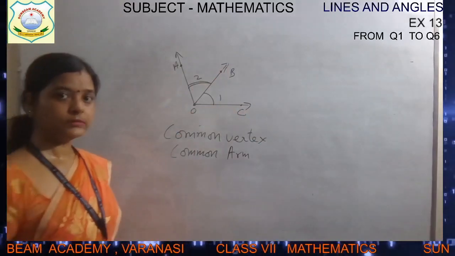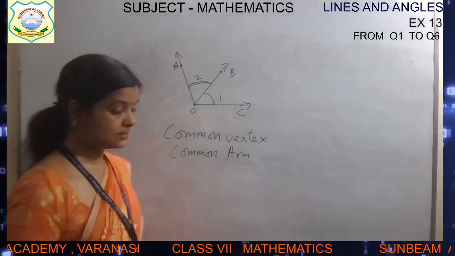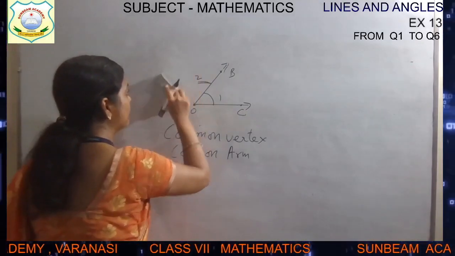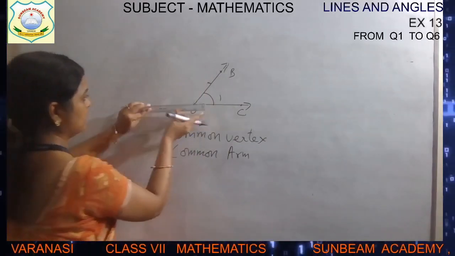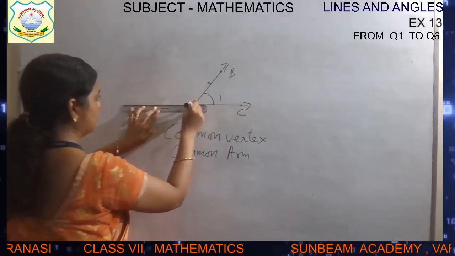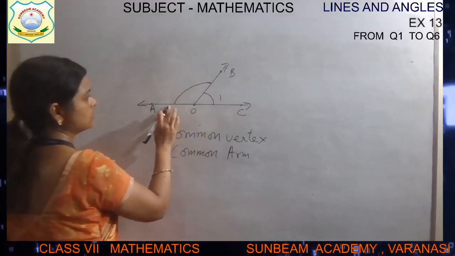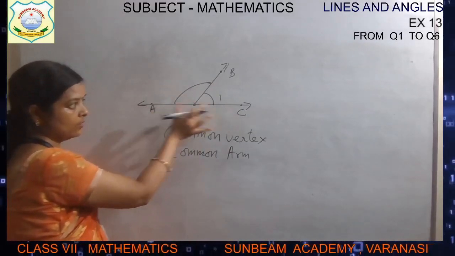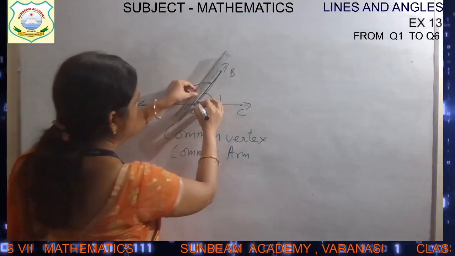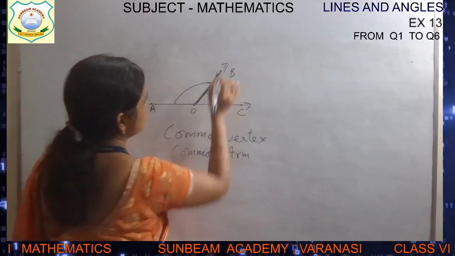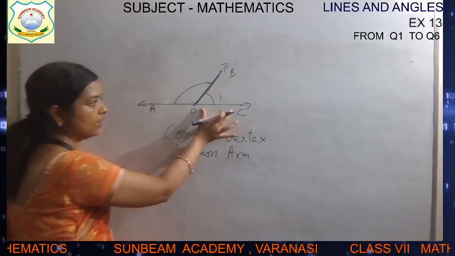Okay. Now, if we have adjacent angles and the non-common arms are opposite rays. See, the non-common arm is OA and the other one is this. What is the common arm, children? हमारा common arm कौन सा है? This is OB. OB is the common arm. And non-common arm कौन सा है बच्चा? OA and OC.